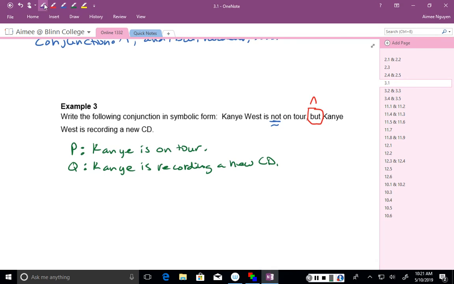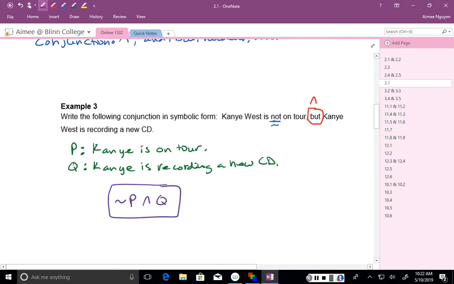So again, we said that Kanye West is not on tour, so I actually want the negation of P, because P is that he's on tour, so negation, not on tour. But that's my conjunction. And then he is recording a new CD, and so Q. And then this is what this statement would look like in symbolic form. So again, we've removed all the words, we've removed all of the emotions that could be tied to those words, and now we can evaluate the statement just as it is, right?